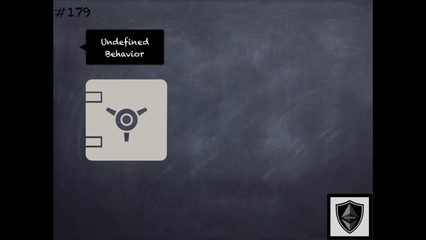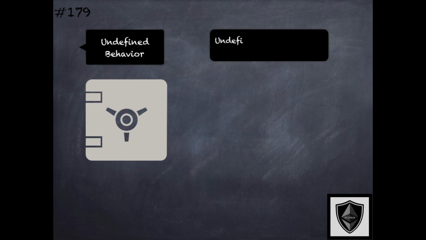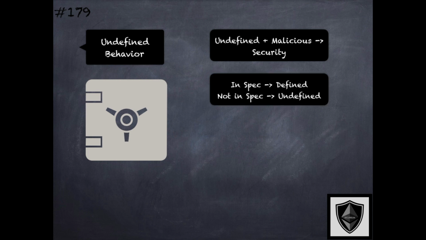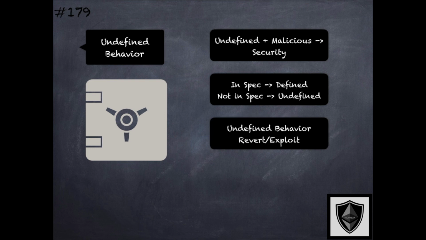Undefined behavior that is triggered accidentally or maliciously may lead to security issues. But what is undefined behavior? Any behavior that is not defined in the specification but is allowed either explicitly or inadvertently in the implementation is undefined behavior. Such behavior may never be triggered in normal operations, but if they are triggered accidentally in exceptional conditions, that may result in errors.